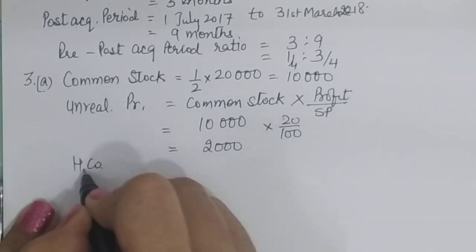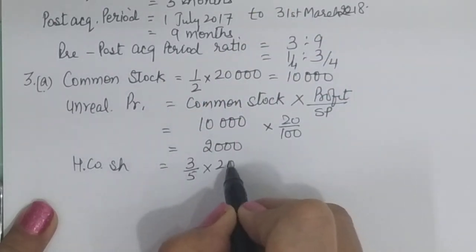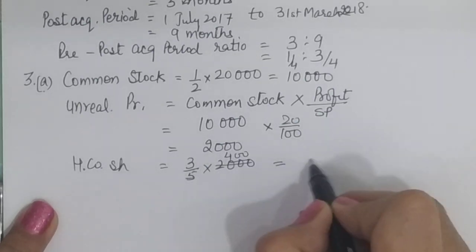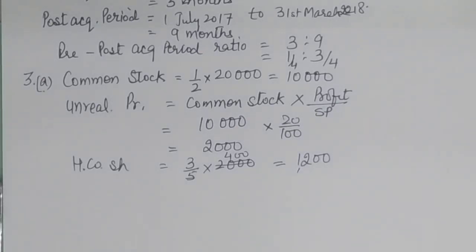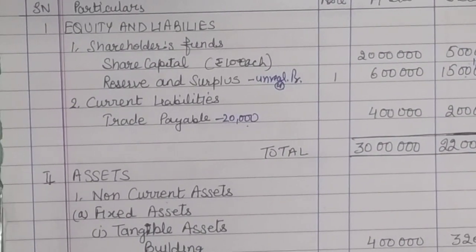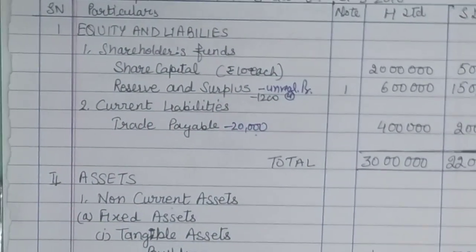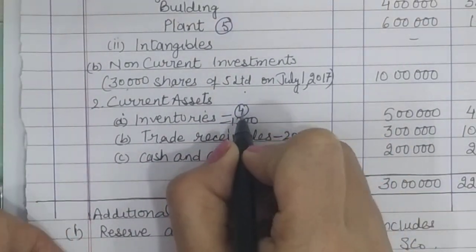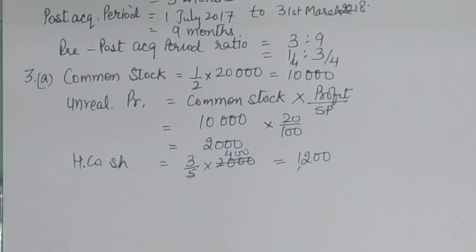Now the holding company's share is 3/5, which we have already calculated. Control is 3/5, so 3/5 of this will be 1,200. So this is the unrealized profit and the holding company's share in this. Now, regarding the common stock, the holding company's share in unrealized profits is subtracted here. So we can say minus 1,200 in the reserve and surplus and minus 1,200 in the inventory. So the point 4 that we have marked here implies minus 1,200. So we noted down this.